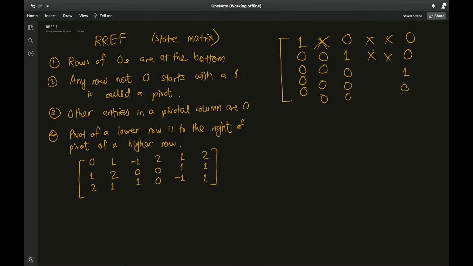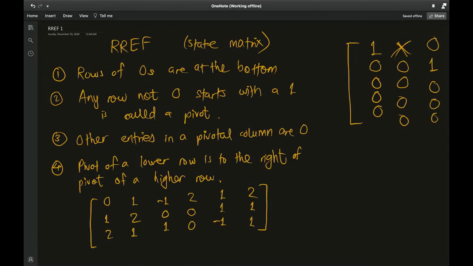Just because you left a column doesn't mean you can skip pivot positions. You need to go exactly one row down whenever there's not a 0 there, unlike these columns. And then finally you get the last pivot down. So this is somewhat what a matrix in RREF can look like.